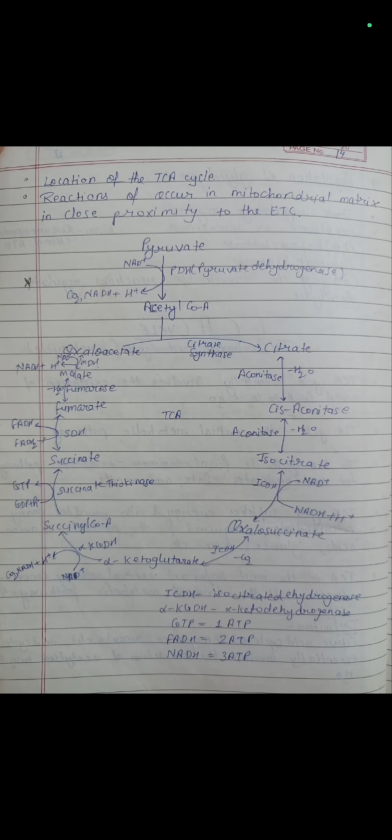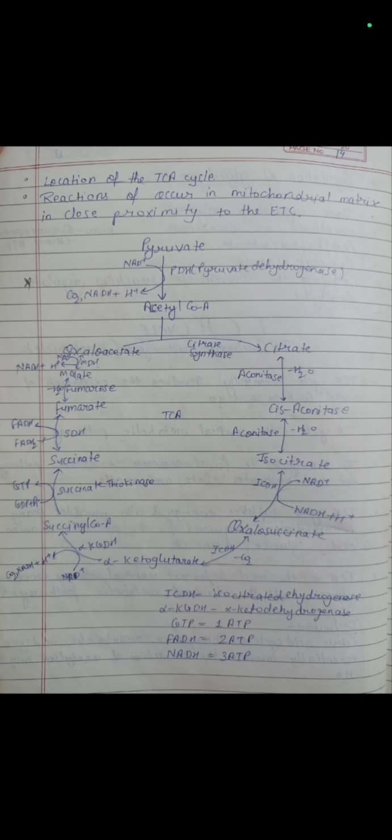Then succinyl-CoA is converted into succinate in presence of succinate thiokinase enzyme, and GDP plus Pi is converted into GTP, and then succinate is converted into fumarate in presence of SDH enzyme, and FAD is converted into FADH2.